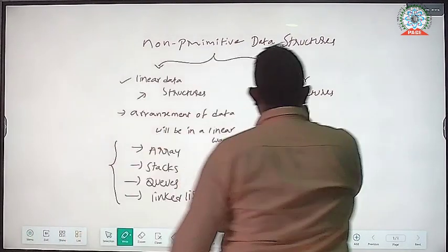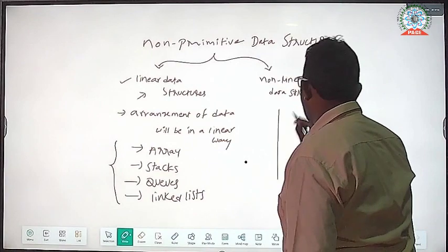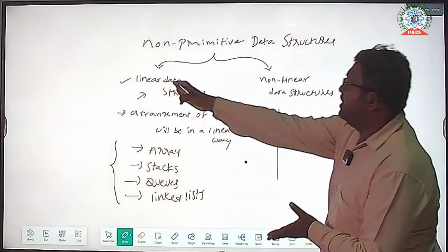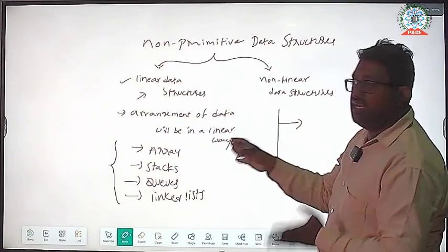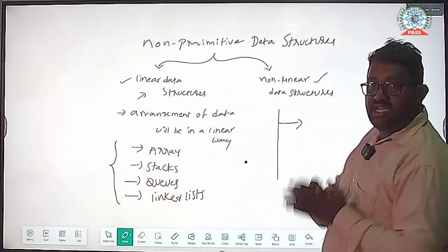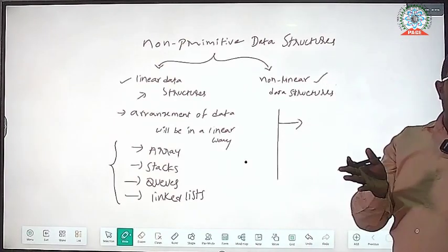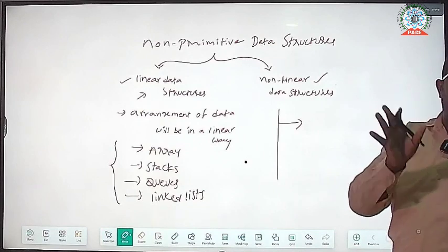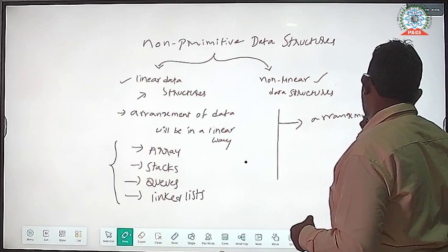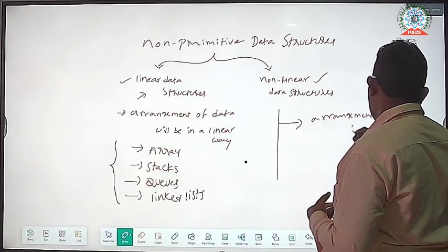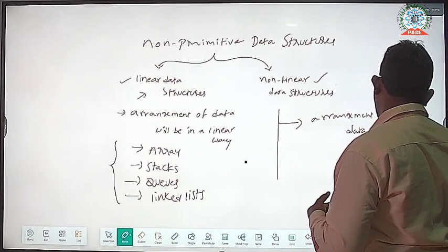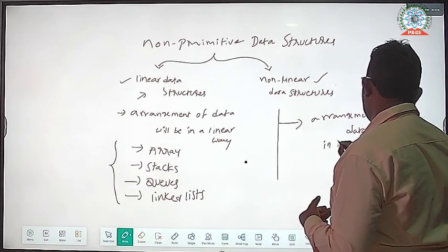Now coming to non-linear data structures. As we discussed, in linear data structures the arrangement of data will be in a linear way. Here, as per the name non-linear data structure, the arrangement should not be linear. That means the arrangement of data should be in a random way.